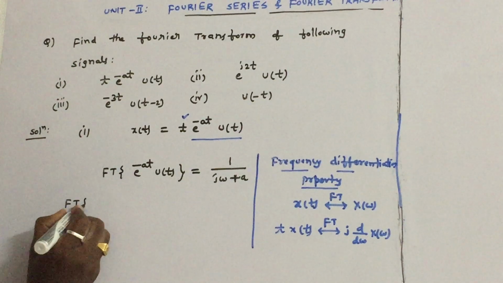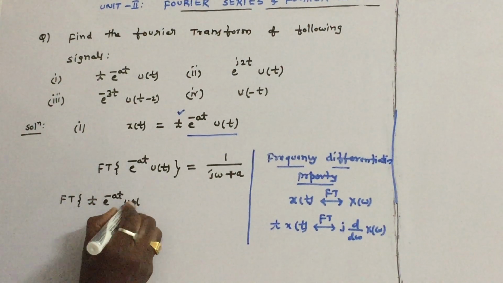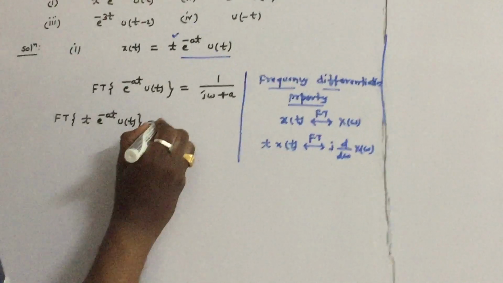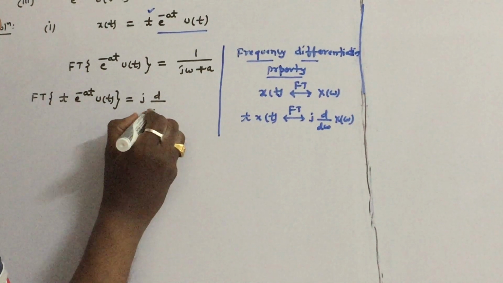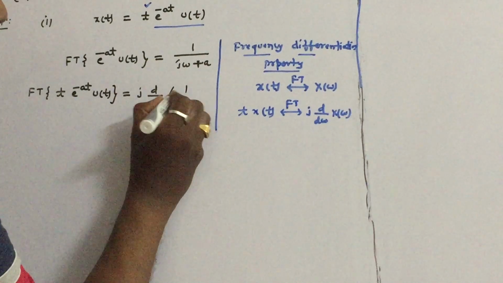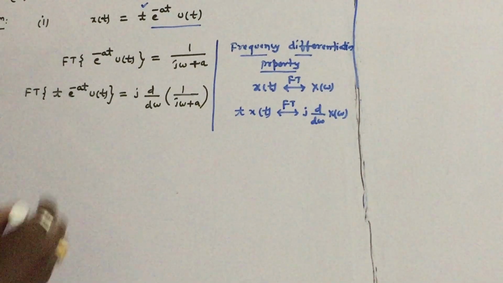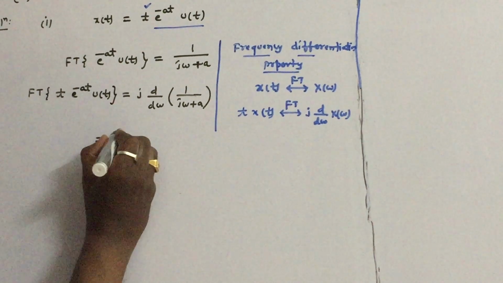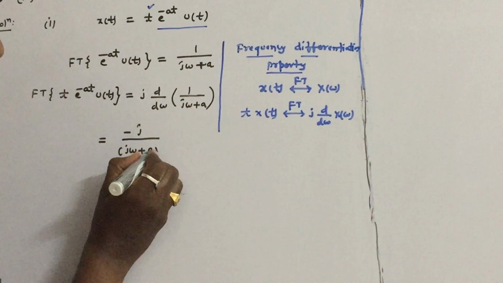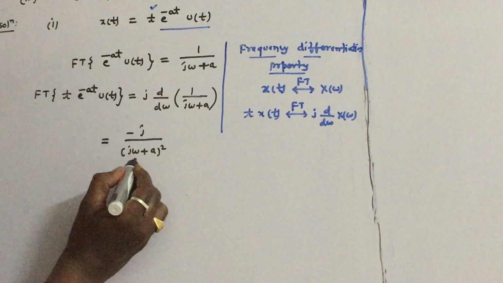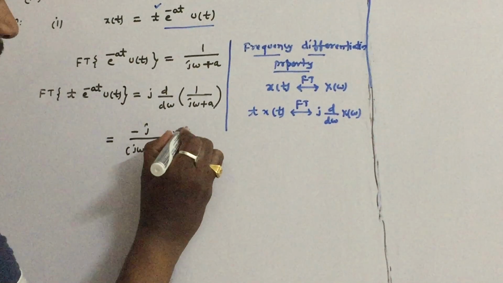So therefore the Fourier transform of t into e power minus at into u of t. What we have to do? We have to first put j and d by d omega of 1 by j omega plus a. So differentiate this. Therefore minus j by j omega plus a whole square, since the derivative of 1 by x is minus 1 by x square, and d by d omega of j omega is j.